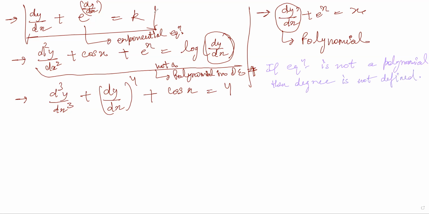If we take this equation, its order is 1 because the highest order used is 1. Or let's say we have used here d2y by dx square. Then what is the order? dy by dx plus e to the power d2y by dx square is equal to k. What is the order of the equation? Degree is certainly not defined because this is not a polynomial.